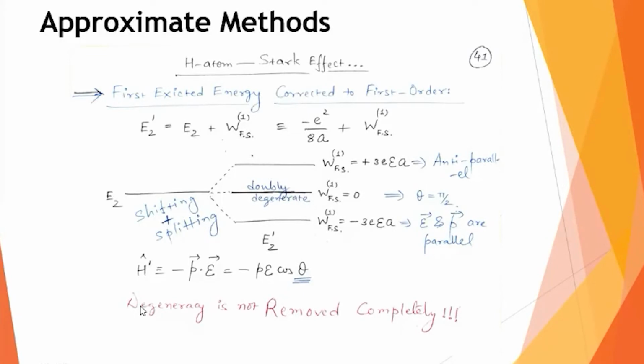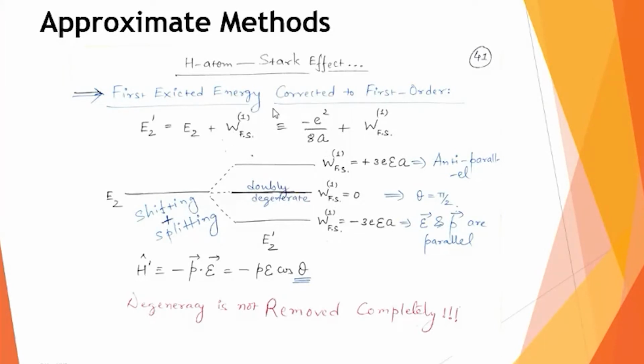So for that, I'm now writing the energy of the first excited state, but after adding the correction. So the total energy of the first excited state after adding correction, if I call it E2 dash, is the original energy due to the unperturbed state, which we have already said is minus E square by 8A.